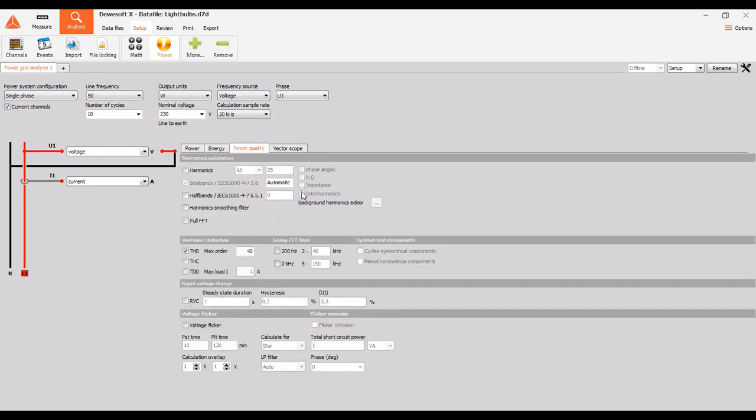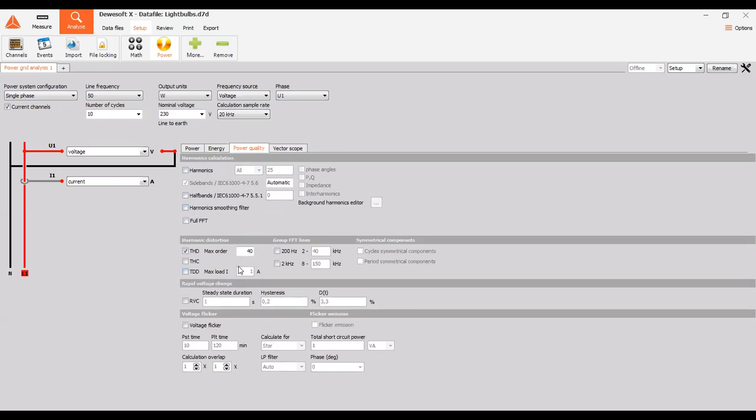In the power quality, we can add the harmonics calculation, so harmonics, grouping, harmonics with phase angles, PQ values, impedance, or interharmonics, the sidebands, the halfbands, according to the given standard can be added. A harmonic smoothing filter can be added, or full FFT.